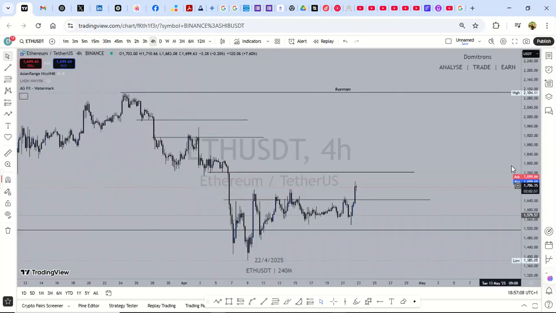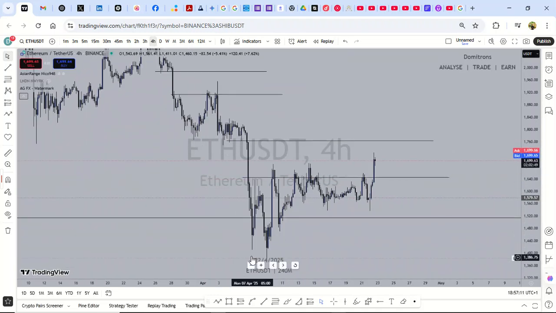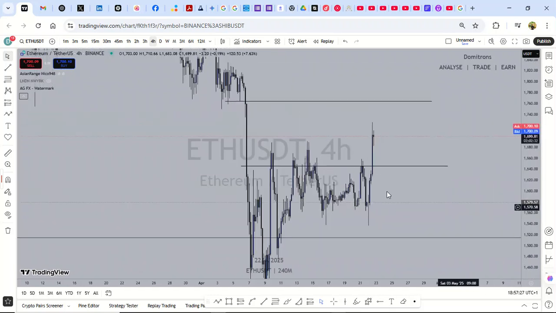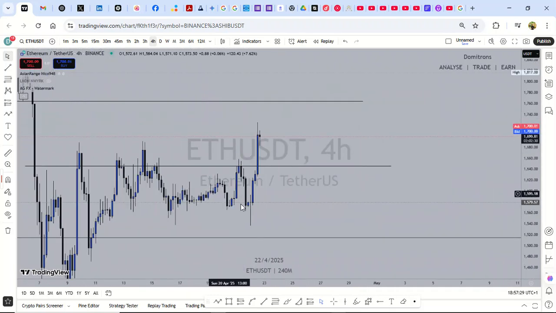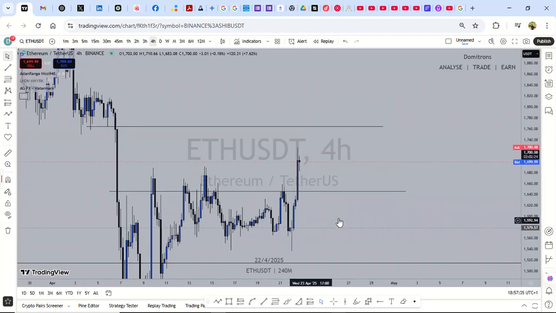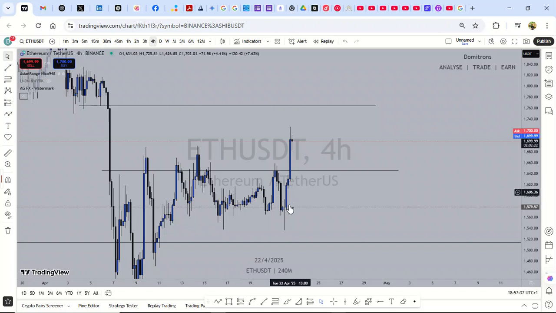Alright, so this is the 4 hour time frame. The 4 hour time frame showed a hunt on this low, trades higher, trades into inefficiency, trades around, then we now again possibly trade higher into that inefficiency. So this looks like a bullish structure is starting to print on the 4 hour time frame, and it could possibly use this.